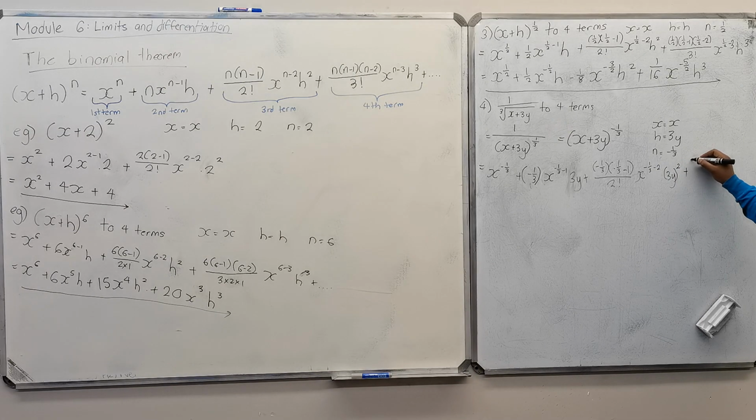Plus n again is negative 1 over 3, negative 1 over 3 minus 1, negative 1 over 3 minus 2 all over 3 factorial, x to the power negative 1 over 3 minus 3, and then it's going to be, I've got no space to write this, 3y cubed.